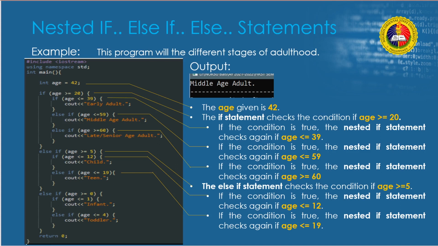This one, adulthood instead: the different stages of adulthood. So if the age we enter is greater than 20, these are the stages of adulthood. First we have early adult, from 20 to... Young adult, sir.